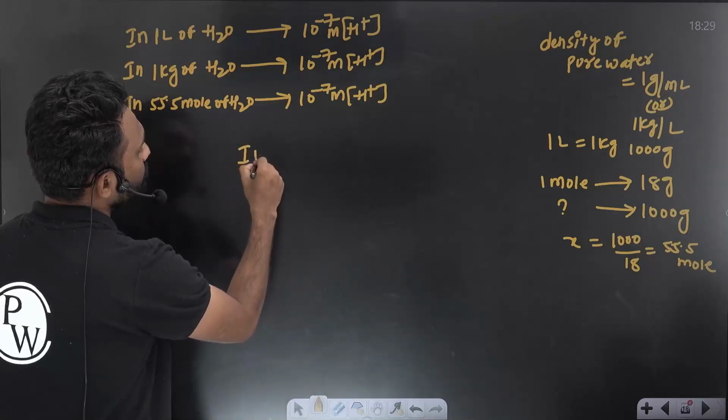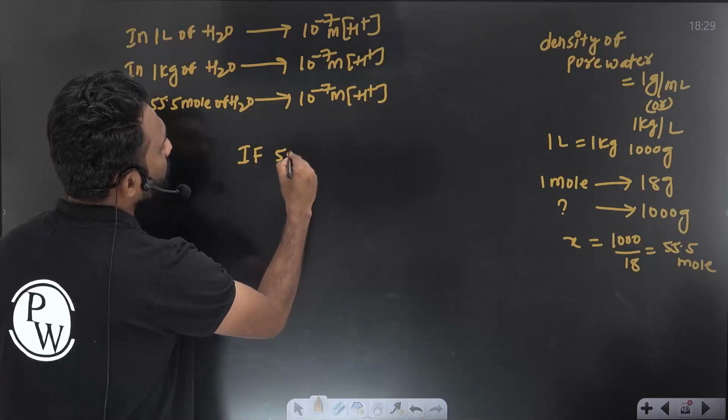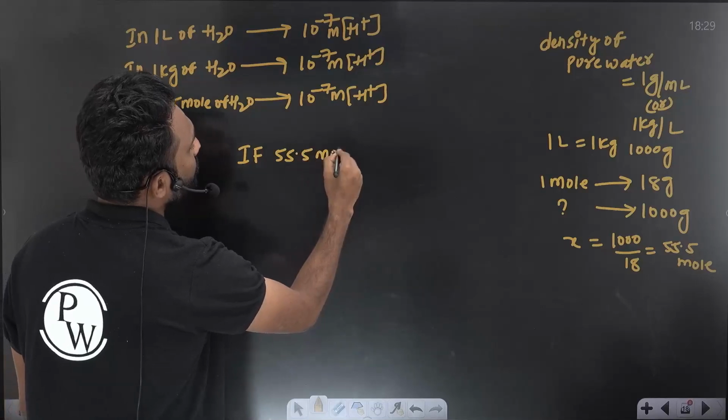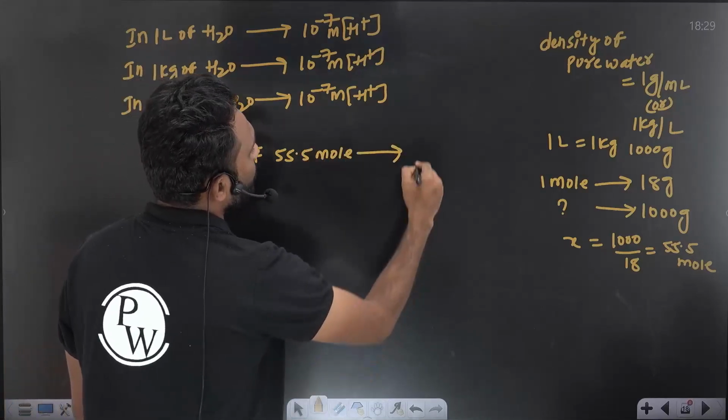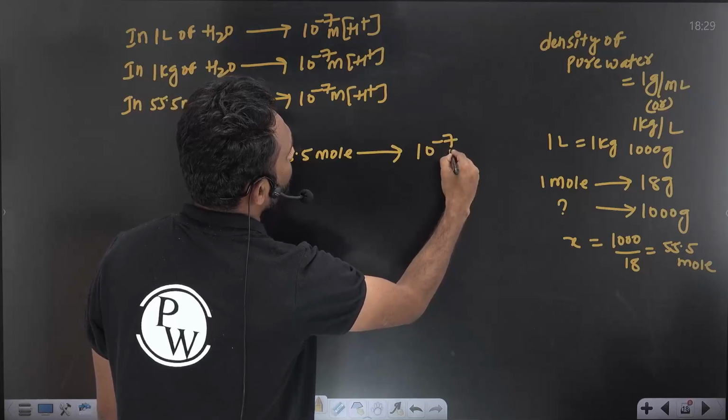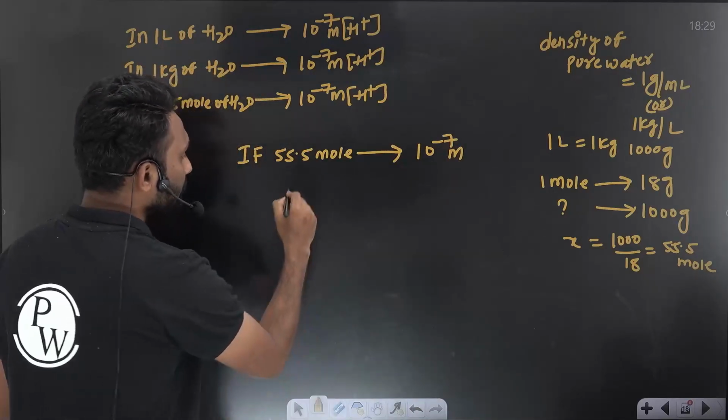If 55.5 moles have 10 to the power minus 7 molar concentration of H plus, then how much will 1 mole contain?